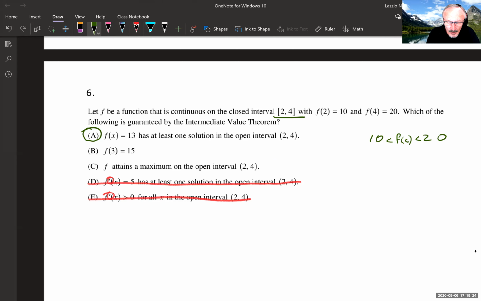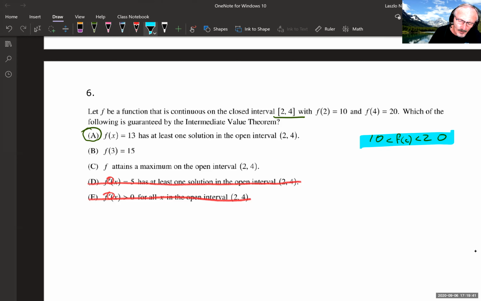We're gonna continue looking at the other answer choices and learn from why we would eliminate them. And this was key to my decision making here: the fact that we were looking for an f of c that was between 10 and 20, and clearly 13 is it.